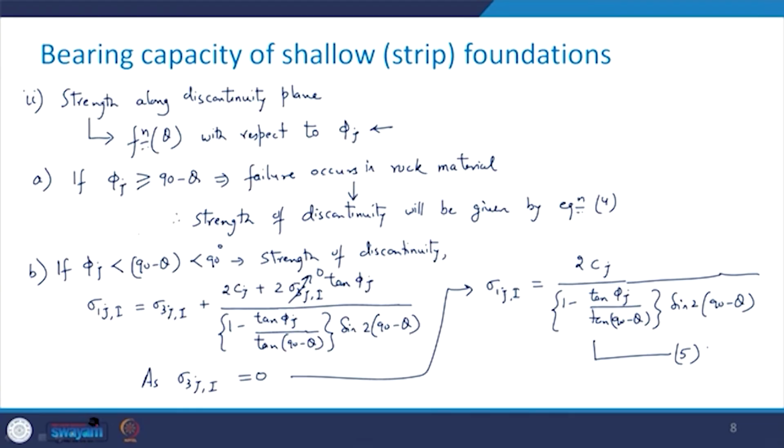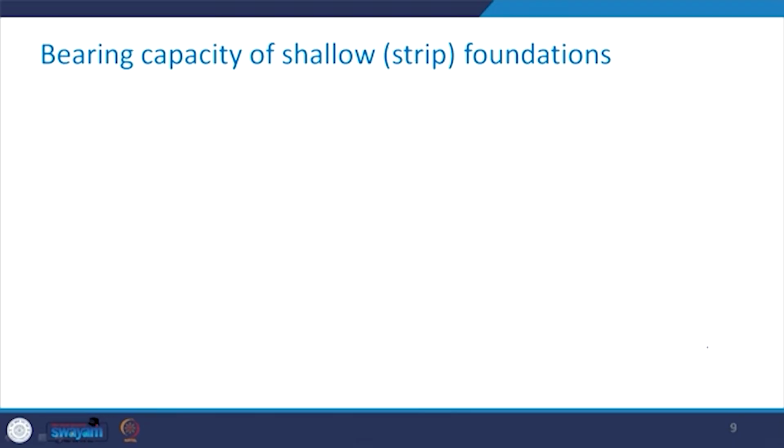So now let us see what will happen to zone 2. But before that, here we are considering only one plane of weakness, but in case of the rock mass you can have more number of discontinuity planes. So how to tackle such a situation?